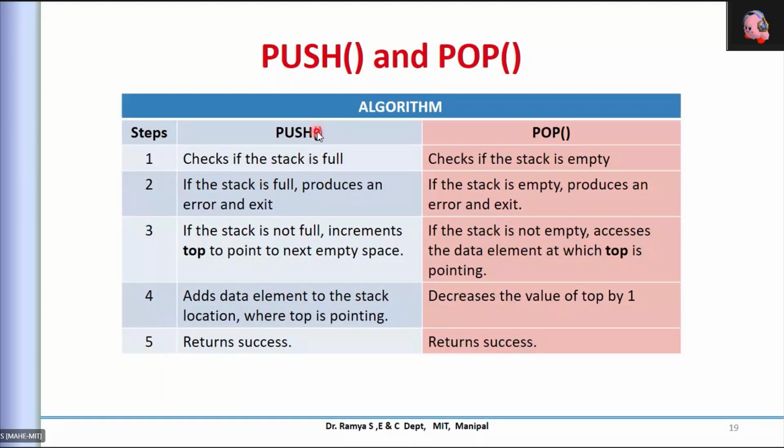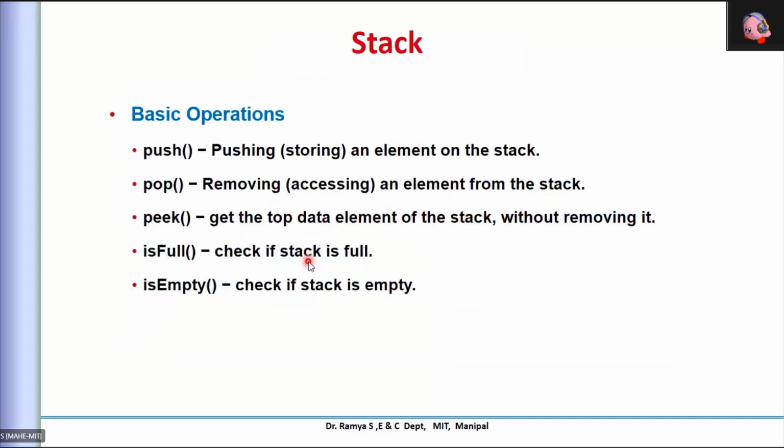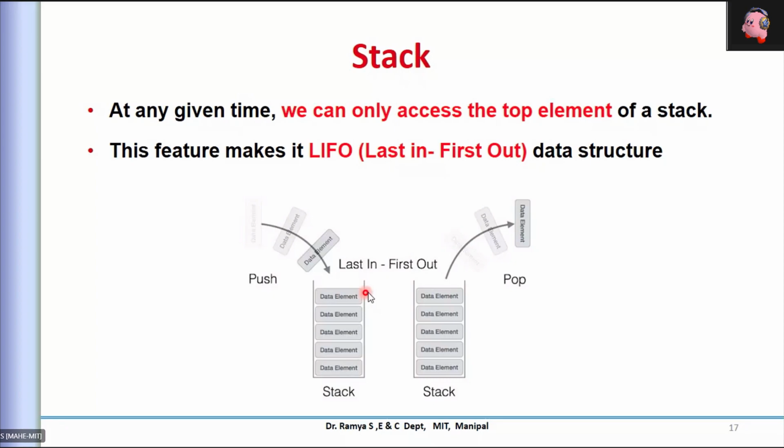If the stack is full, it produces an error. If the stack is not full, because there is a place for it, then increment the top to point to the next empty space. If I show you, this is the container and it is not full. First it will invoke isFull. If it returns that there is no error and there is a place for this, then it will put the element here.